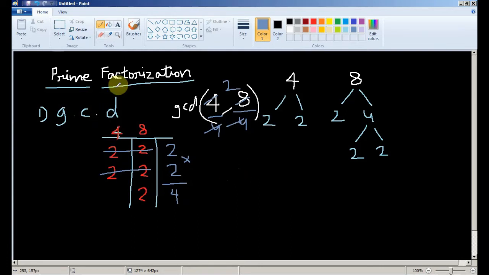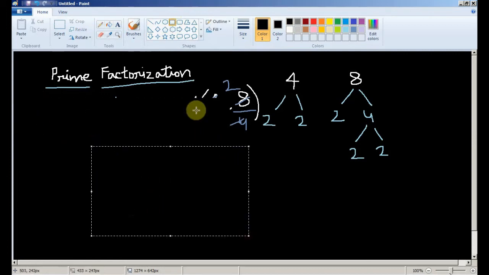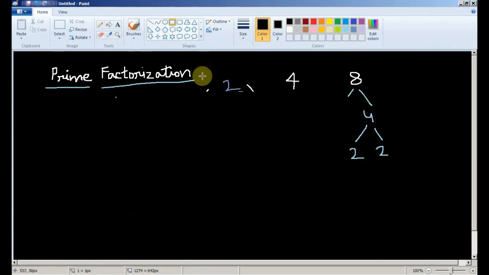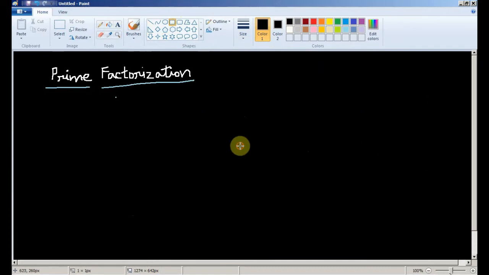Okay, so let's find out one more. Let's find the greatest common factor for one more pair of numbers. This time I should take bigger numbers. I should do it slowly so that you can understand.